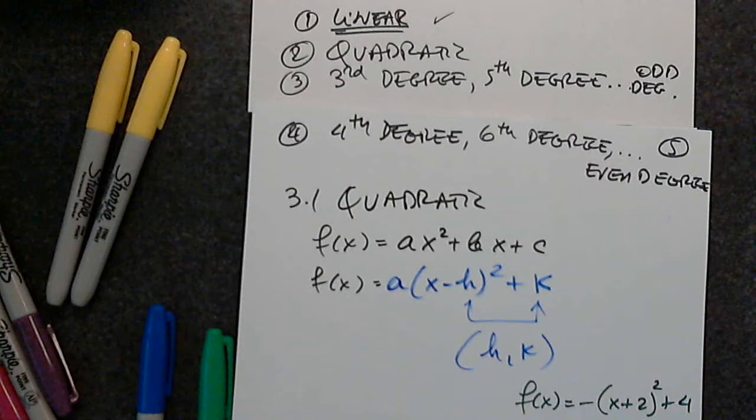I already know everything about this from chapter 2. What is the base function? One more time, what is the base function? X squared. Where does it go first? To your left 2. And then, in order of operations, please. No, reflection. I have to multiply by -1 first and then add 4.